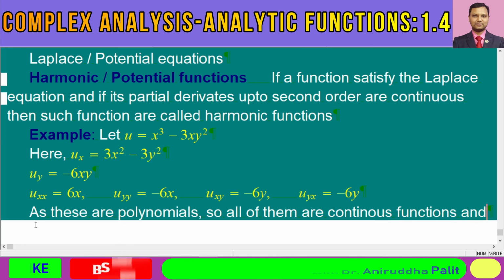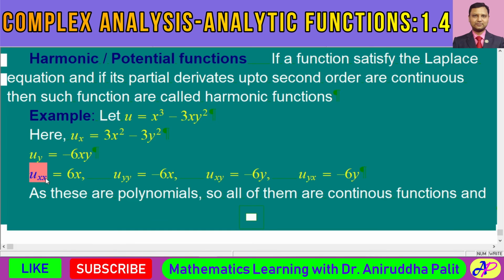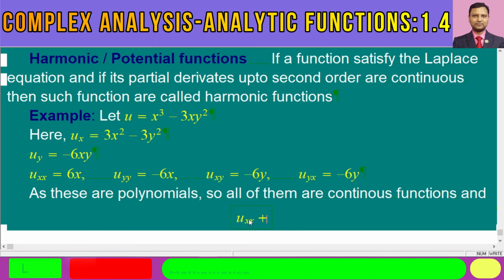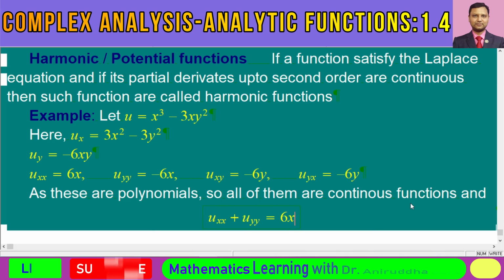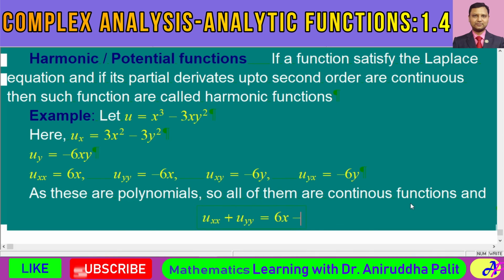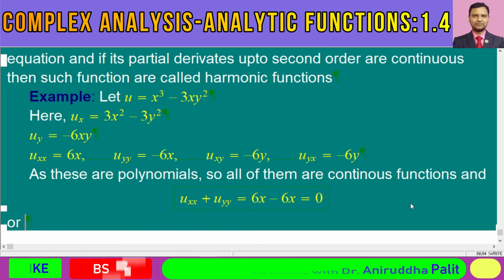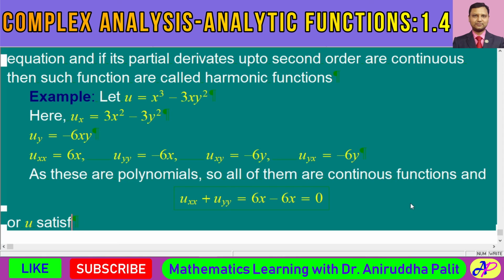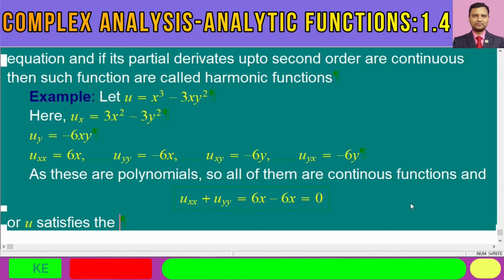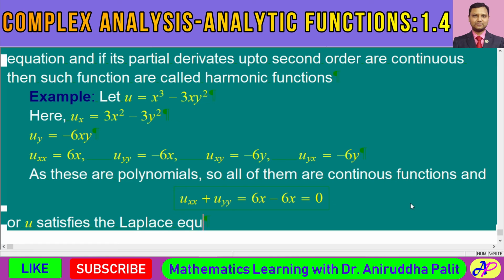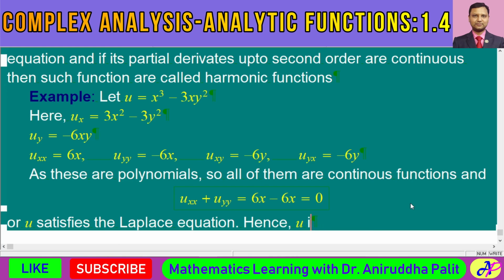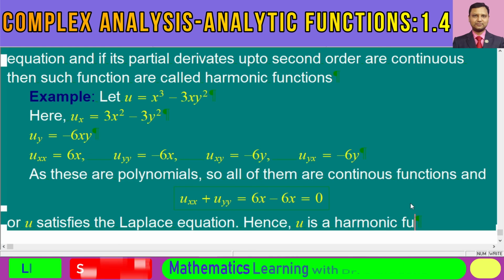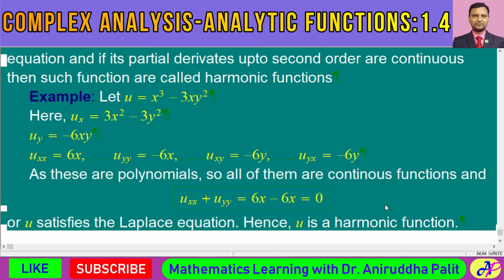And if you check that u_xx plus u_yy is equal to 6x minus 6x, that is equal to 0, so u satisfies the Laplace equation. Hence u is a harmonic function.